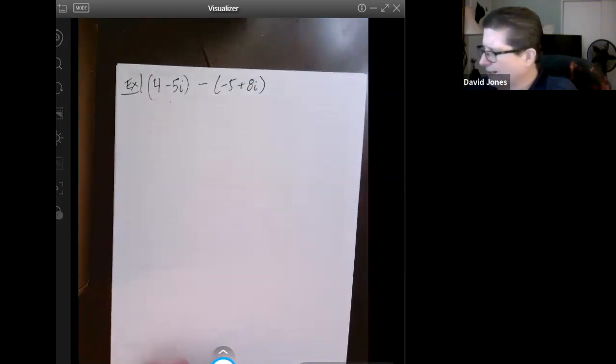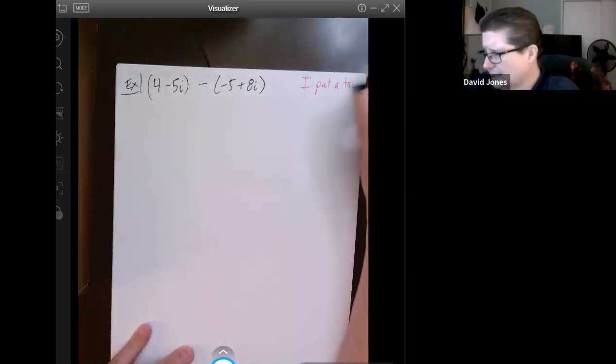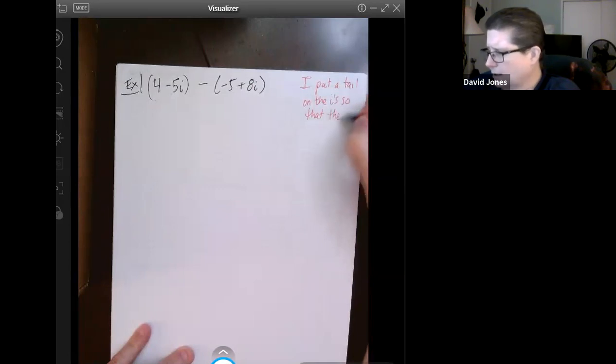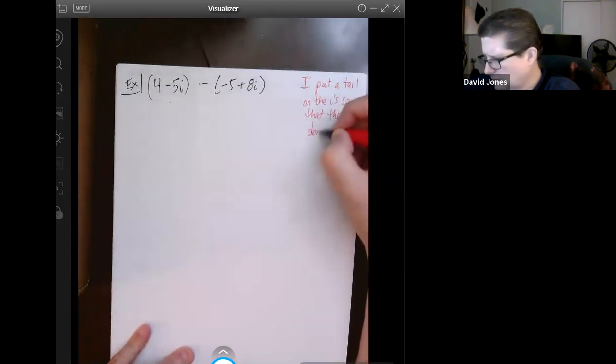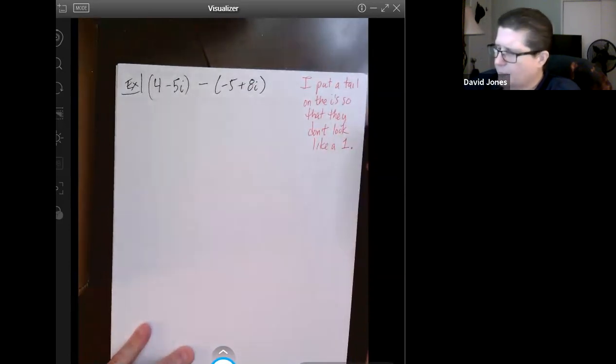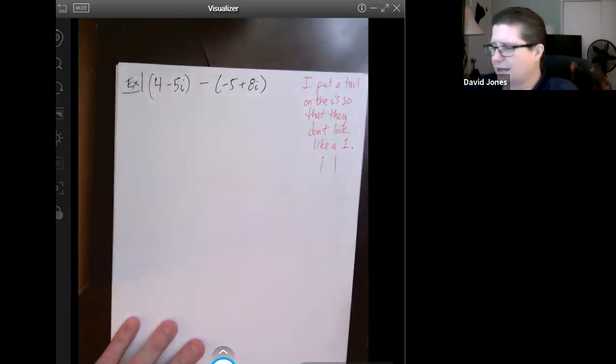I tend to put a little tail on the i's so that they don't look like a 1. A lot of people just write the i or the 1 like that, and if I do that, it may not be clear.